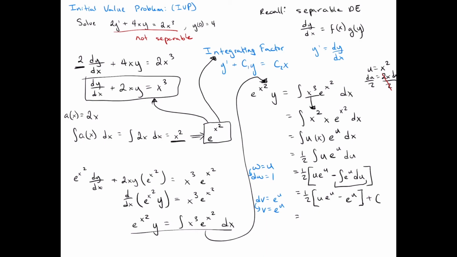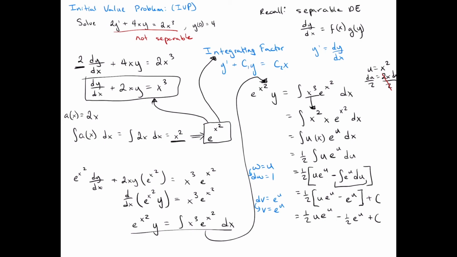So we can distribute the 1/2 into the brackets, so we get 1/2 u times e to the u power minus 1/2 e to the u plus c.